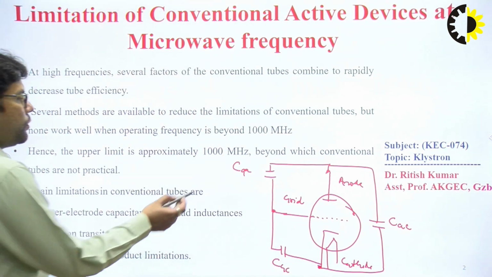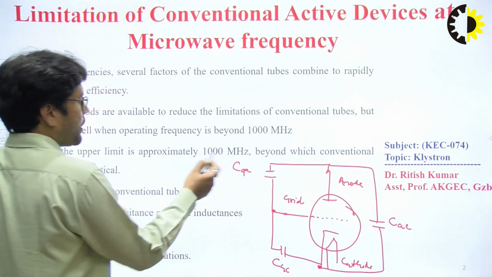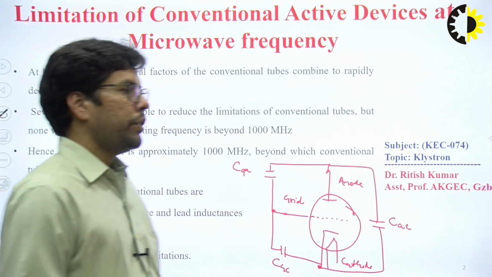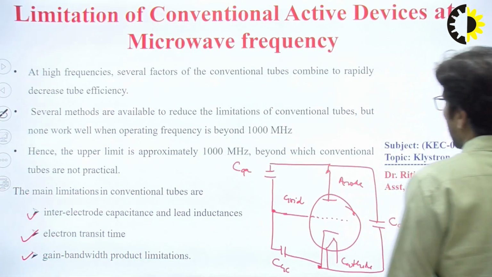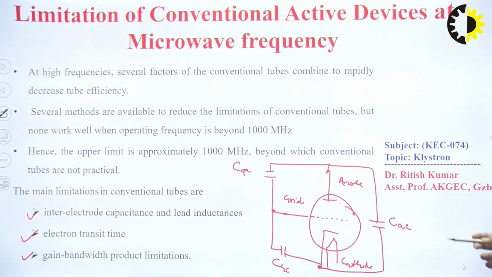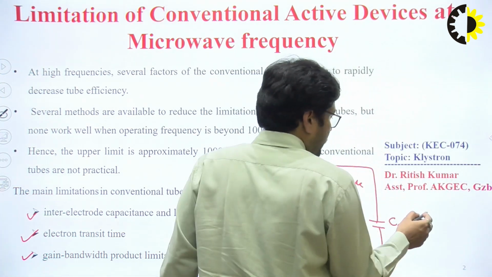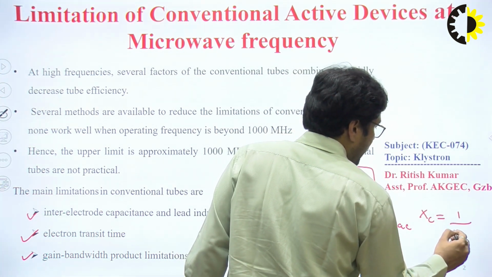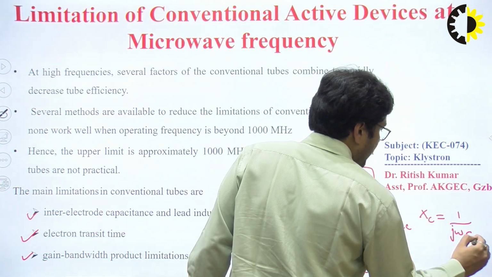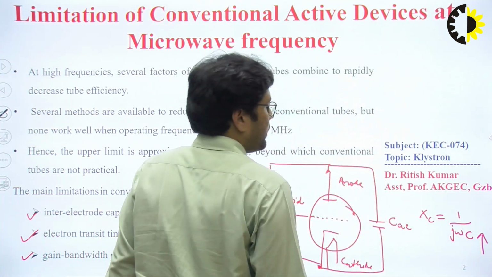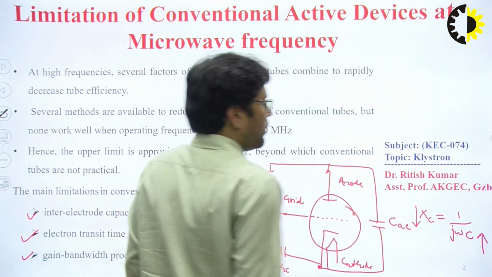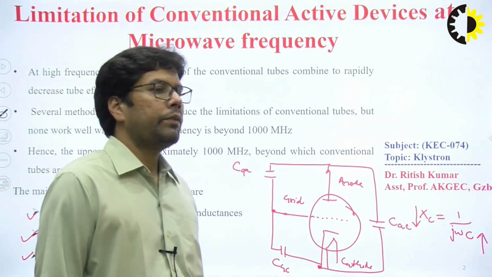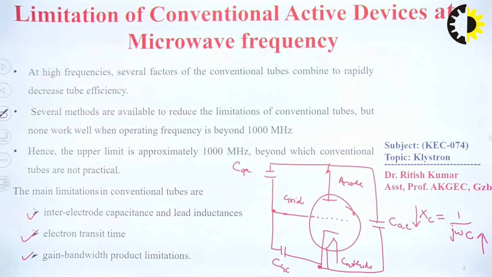Due to this interelectrode capacitance, the performance of the device is disturbed and its efficiency decreases. The reactance of a capacitance is Xc equal to 1 upon j omega c. If we increase the frequency, the reactance of the capacitor decreases, which decreases the performance of the device.